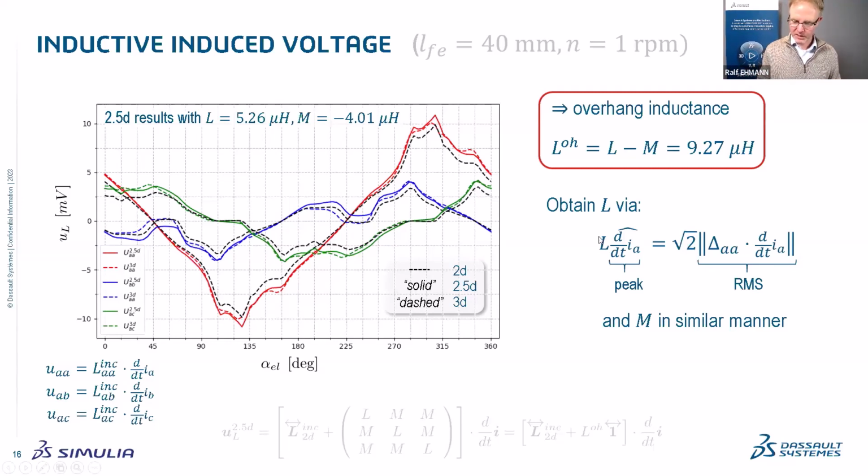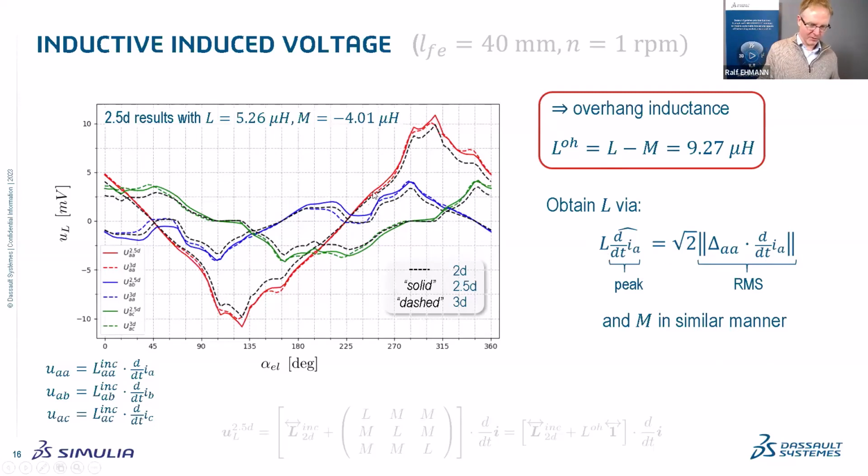And this should be L times the peak value of I dot. And IA is given, is known, and is sinusoidal, so you know everything, and then you can find out this inductance L. You can also do it for M.